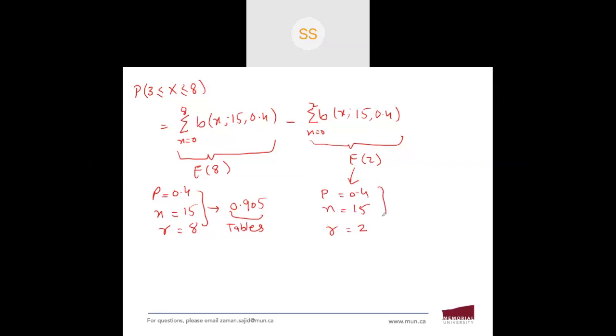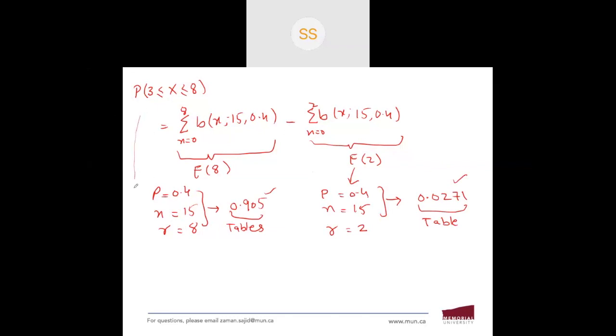Again, from the tables, I find my probability value, which is 0.0271. You can use either table, you don't have to use both, but you need to make sure you're using the right one. If it is cumulative, then you don't need to add them. If you are using the probabilities table, then you need to sum up in order to get the cumulative number. So I have this value and this value, and I just need to subtract them.